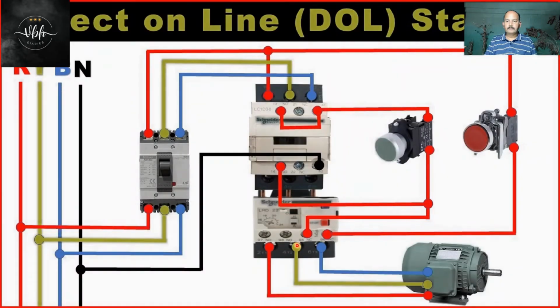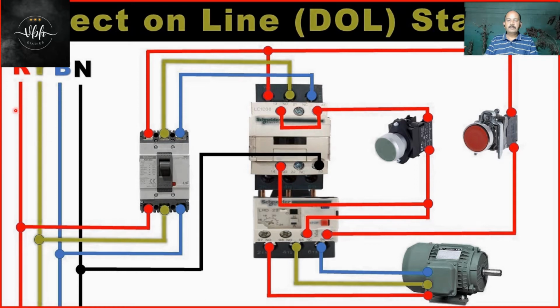Now we'll check the direct online starter, how the circuit will look. If you see here, there is the power circuit with RYBN, so 3 phases plus neutral. Normally we don't require neutral in starters; we need neutral only for the control circuit, otherwise RYB is enough for a 3 phase motor.